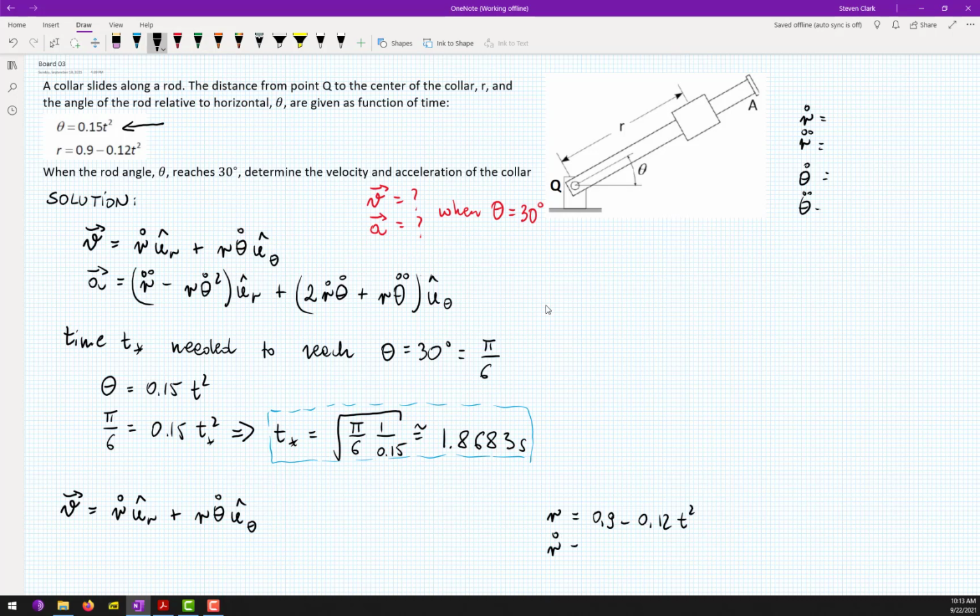I'm not going even to ask you for help. This is minus 0.24 t. And we also need theta dot. So let me write it down here, theta very quickly, 0.15 t squared, and theta dot is 0.3 t.